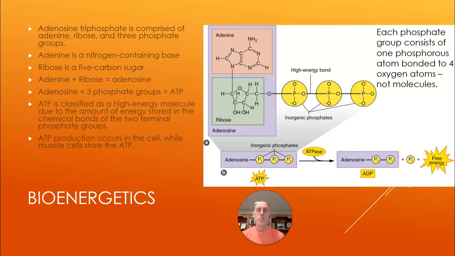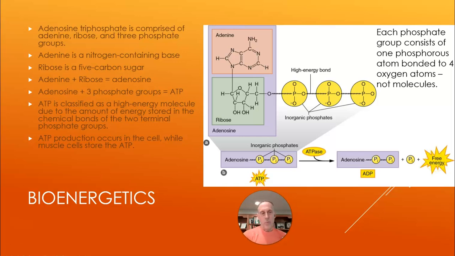So at its core, ATP has 3 phosphates. When you go to adenosine diphosphate, ADP, you have adenosine and 2 phosphate groups. One of them broke off, and that's what gives us the energy.